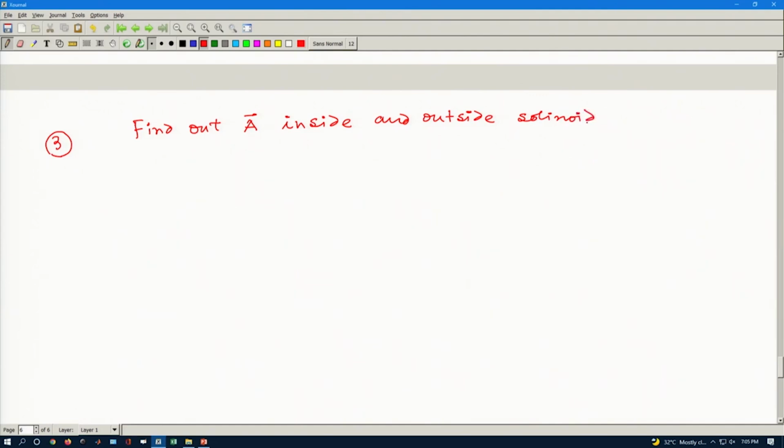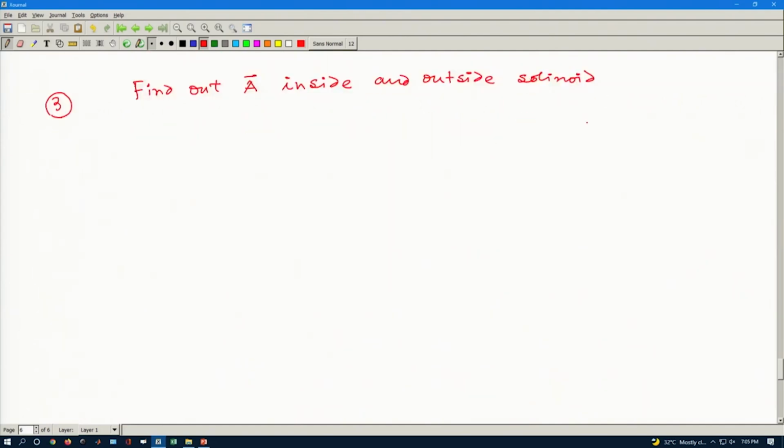Inside and outside the solenoid, I want to find out A. So, what happens in the solenoid? Because this problem we already did, so this is the solenoid. So, suppose I have a cylindrical system, and over that we have the wires, and this is say the axis. Let me draw the axis first.